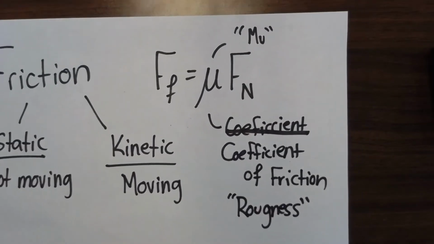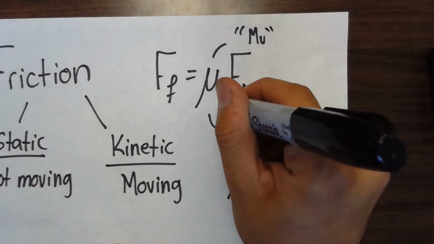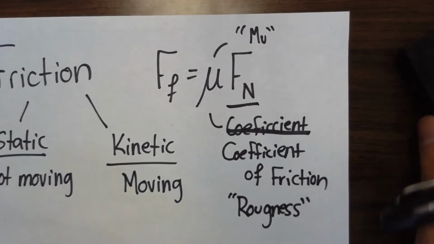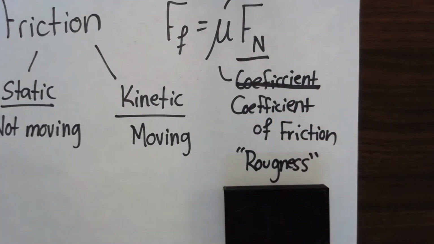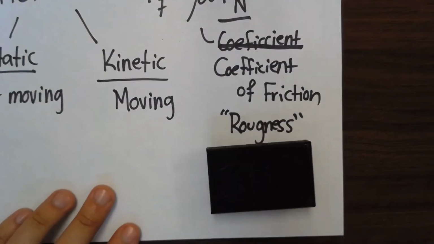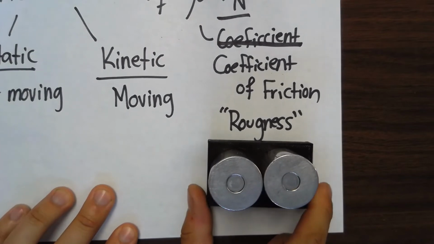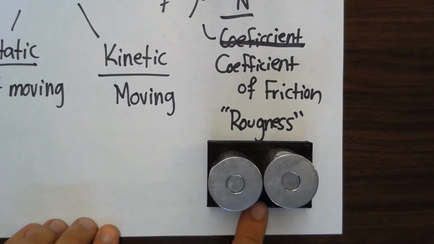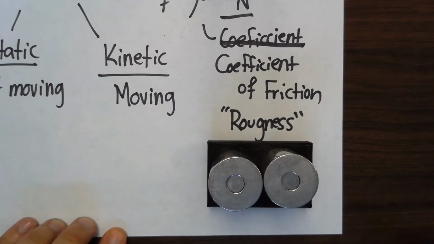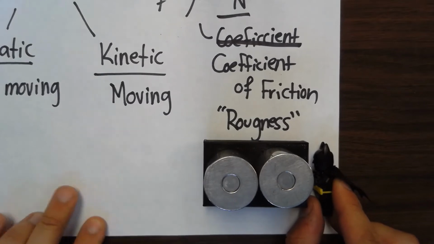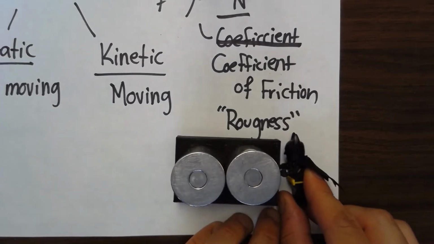Now, the other part of this equation is the normal force. This is simply how hard the floor is pushing up on the object. So let's imagine instead of it just being the refrigerator, now it's completely full, it has a bunch of mass on top of it. Think to yourself, would it be easier or harder to push this across the floor? Hopefully you're thinking, oh, it's got to be harder because there's a bunch of mass. And so sure enough, Lego Batman has to push even harder to get this to move at all.